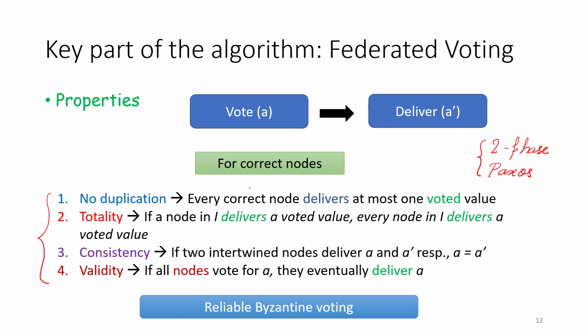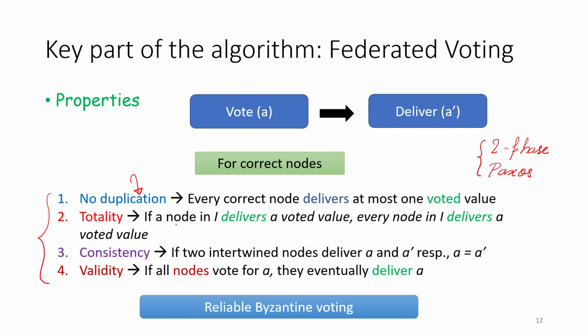The idea is that nodes vote for a value, and if a quorum successfully votes for it, then it is delivered. So there is no duplication, in the sense every correct node would deliver at most one voted value. As I said, voting is the first phase and delivery is the second phase. So in the second phase, you deliver at most one voted value, not more than that.